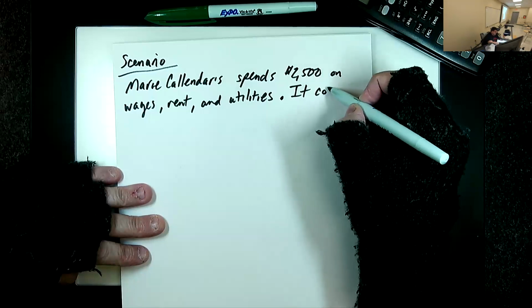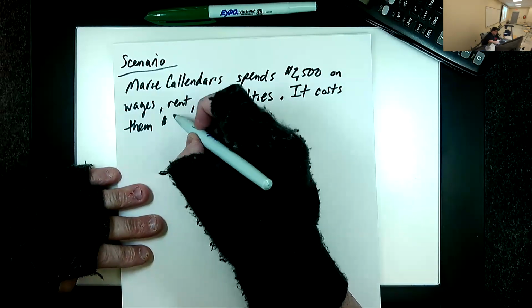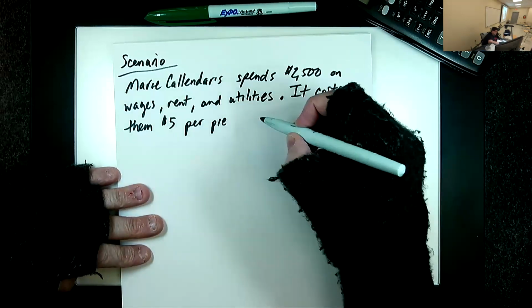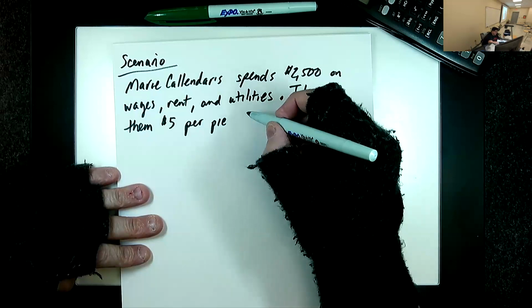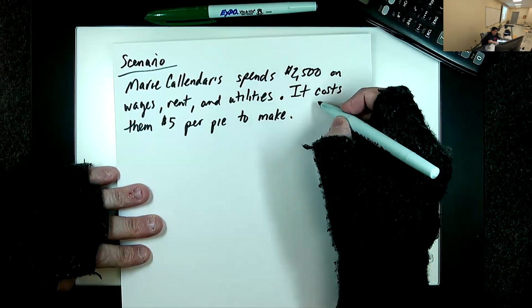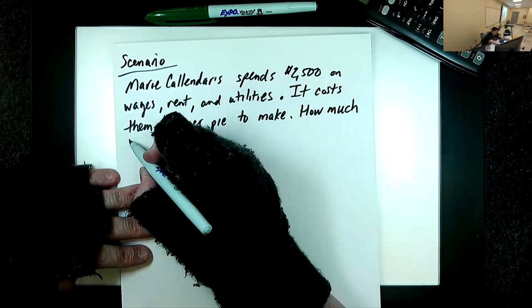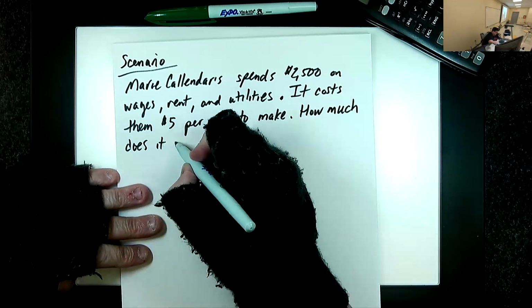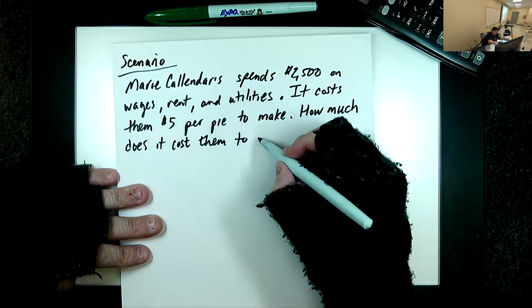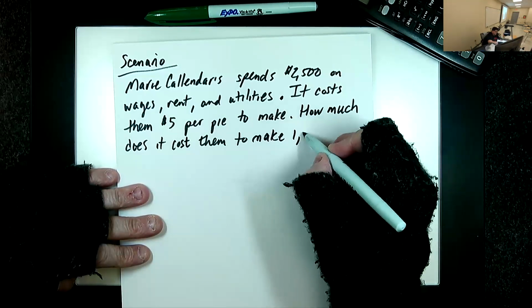It costs them $5 per pie to make. How much does it cost them to make 1,350 pies?